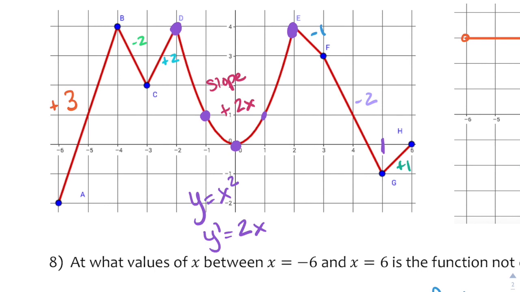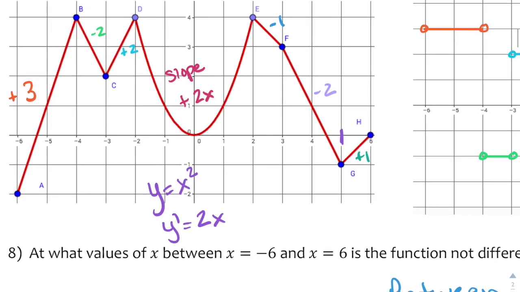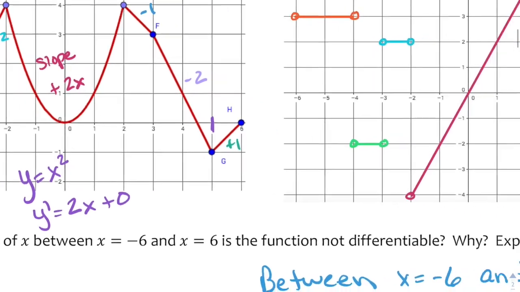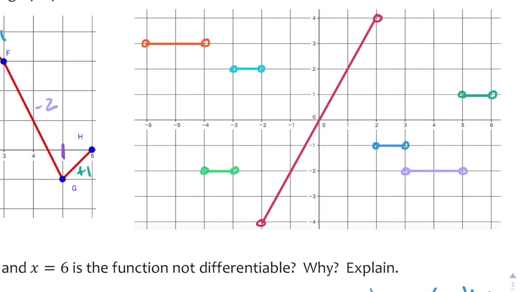So that's the line that will represent my slope at every single location. Graphing 2x, this equation is 2x plus 0, so I have a y-intercept of 0. I go up 2 over 1, up 2 over 1. Going in reverse order, I go down 2 over 1.